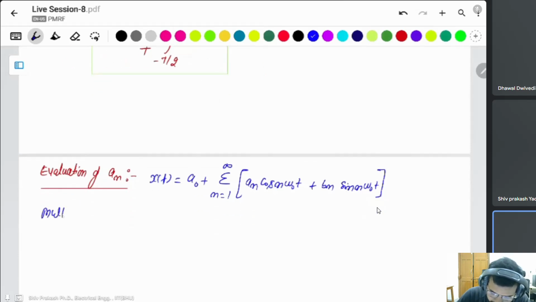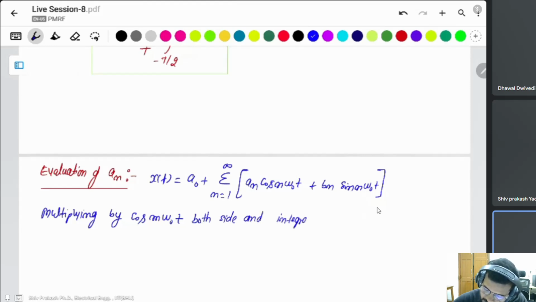In this case, multiply by cos of m omega naught t both sides, and integrating for minus of t by 2 to t by 2 for a time period.